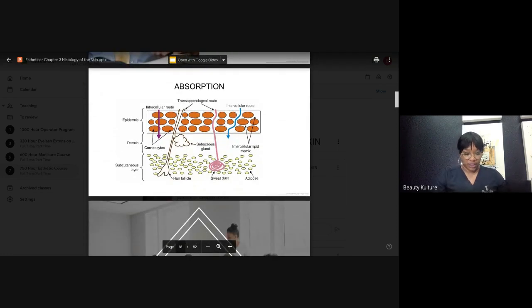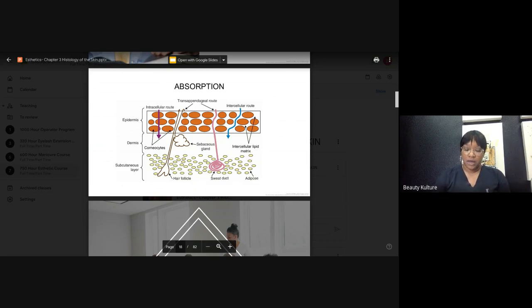As far as absorption, it is our last function of the skin. We absolutely do use our skin to absorb different things, and there are three different routes of absorption, or three different ways that our skin can absorb products and ingredients and minerals and vitamins, and water.